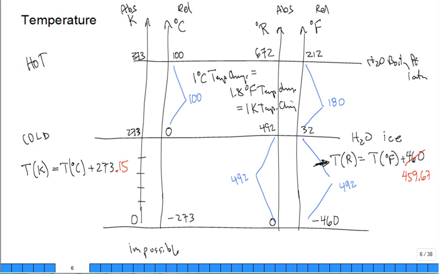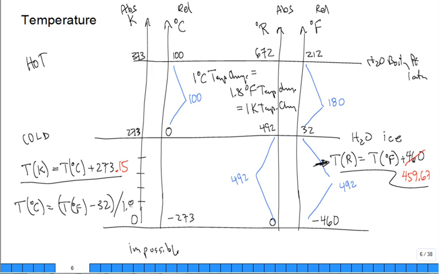We put down this equation for how to convert. Well, you can work it out and you find that to convert a temperature in degree F to degree C, you first subtract 32, and then you divide by 1.8 or multiply by 5/9, however you want to do that conversion.